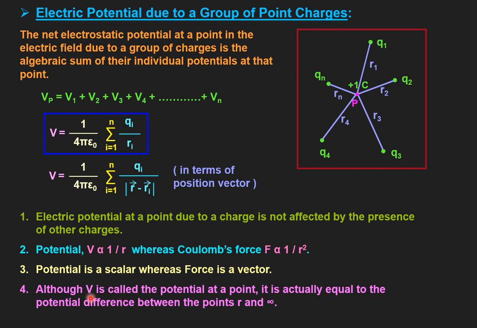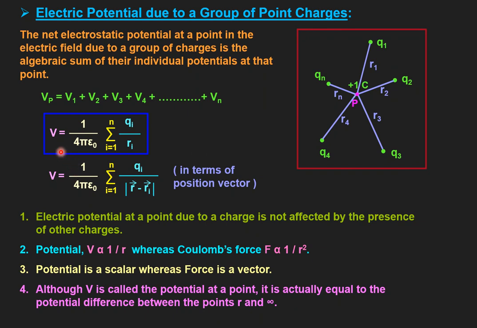Although it is called the potential at a point, it is actually equal to the potential difference between the point R and infinity, because absolute potential we can never calculate. For the determination of potential, we have to choose a reference point. And whenever we talk about electric potential, it confirms that the reference point we have taken is infinity.